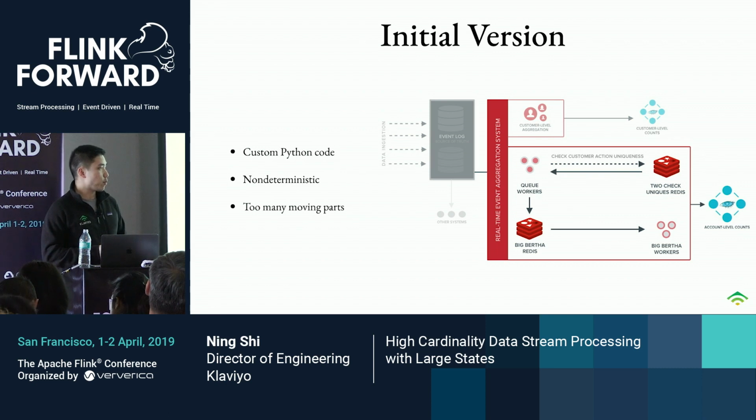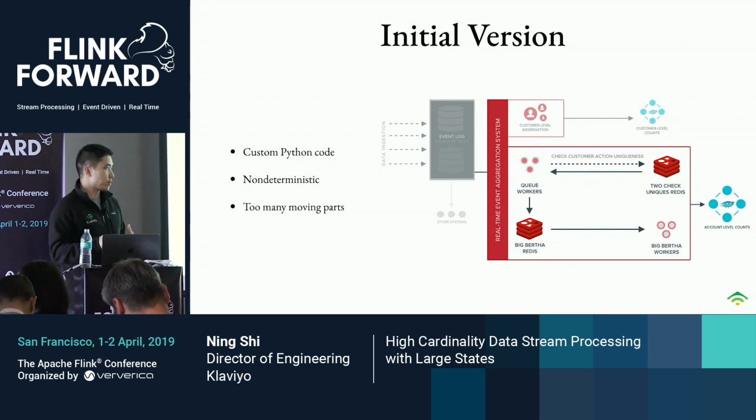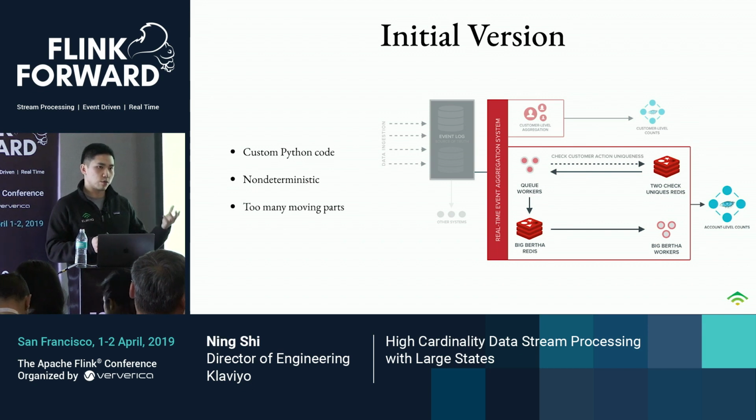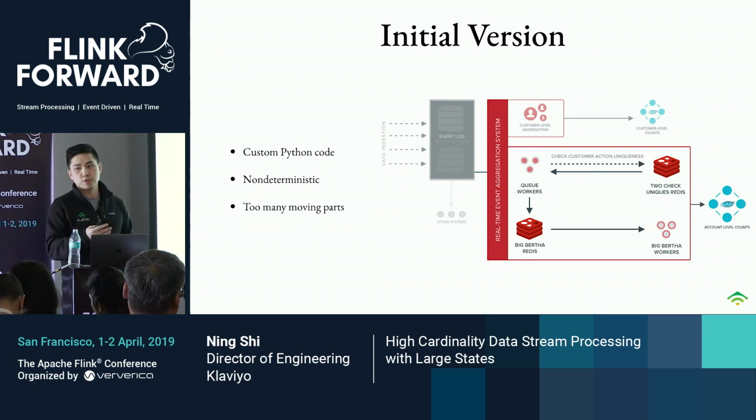That had a couple of problems. First of all, because it involves so many different moving parts and it's constantly talking to external systems, failures, network connectivity issues, or node failures could happen, which results in non-deterministic results. When you recover those machines, how do you know whether the previous transaction or request was successfully done or not?